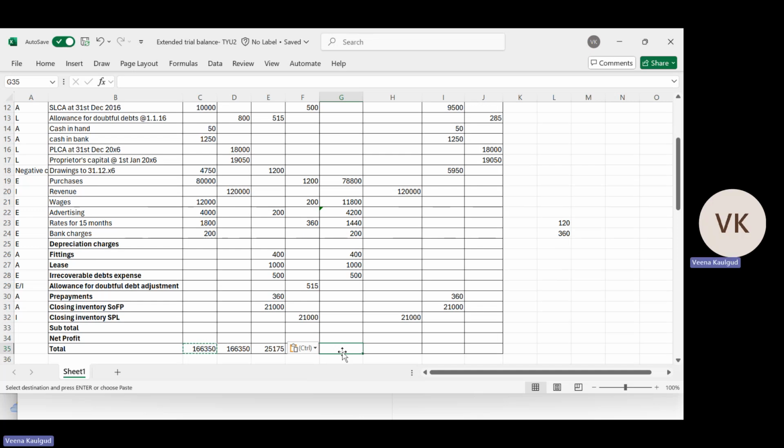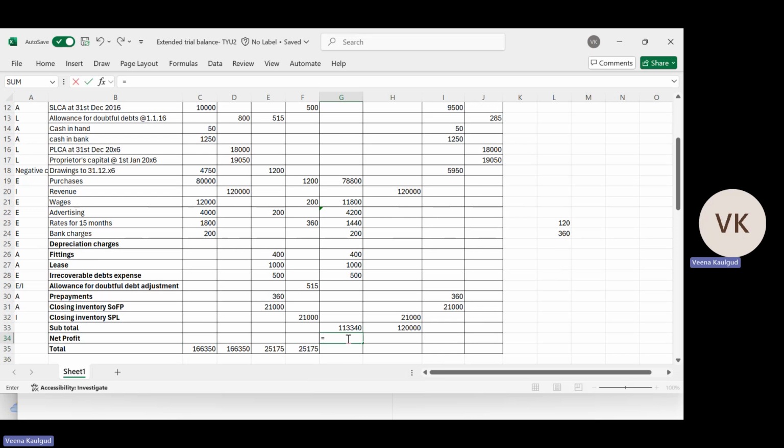Okay. Now again, let us do Control V in the subtotal column this time, guys. Okay, we'll do a subtotal here. So the debit side total is 113,340 and the credit side total comes to 120,000. So it means my credit side is bigger. It means it's a gain.